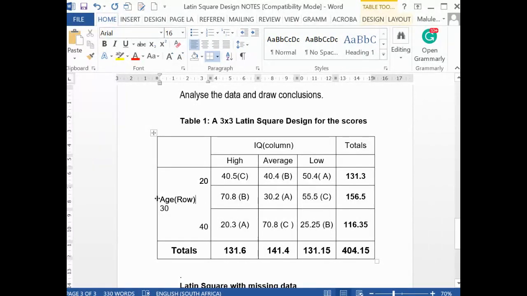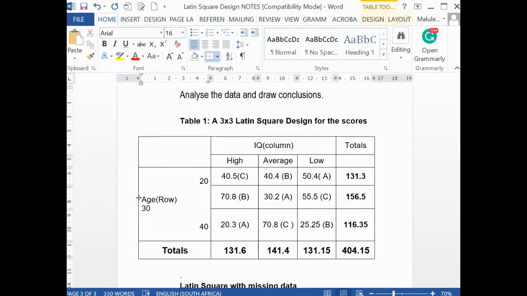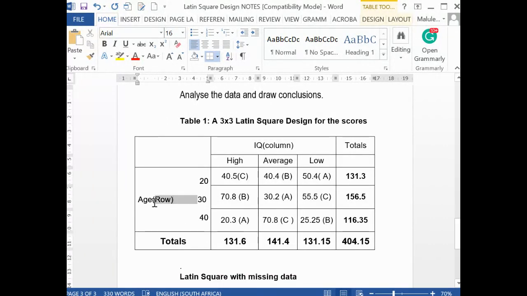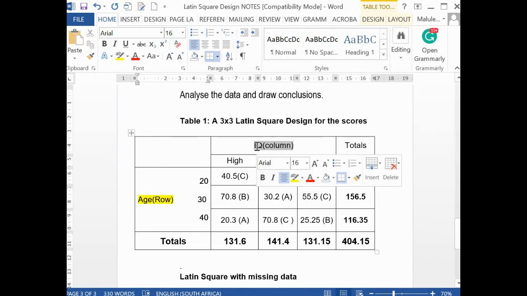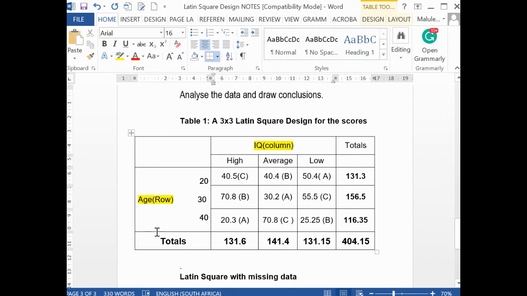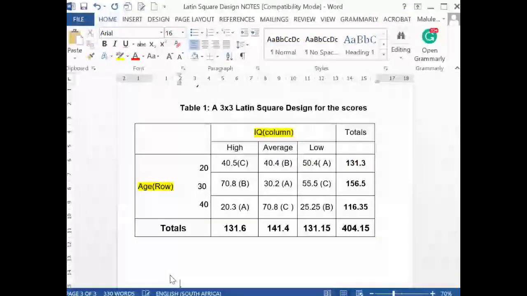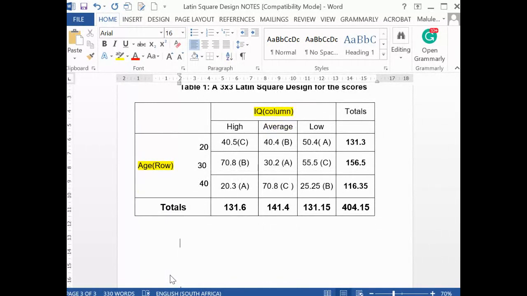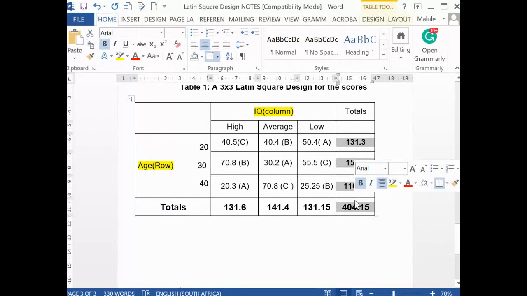Age is the row. So we're blocking by the row and we're blocking by the column. I said the letters represent the treatment. So if you check these numbers here, or let me write these numbers.